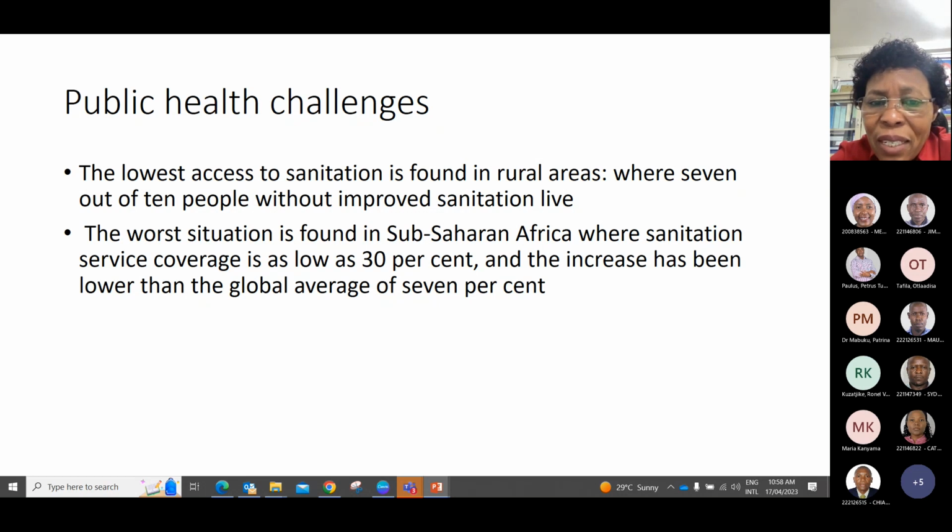So why is it that in these areas is where the lowest access to sanitation exists? Is it that we don't care about them? What is it really? And this has not just started yesterday. This has been there for such a long time.